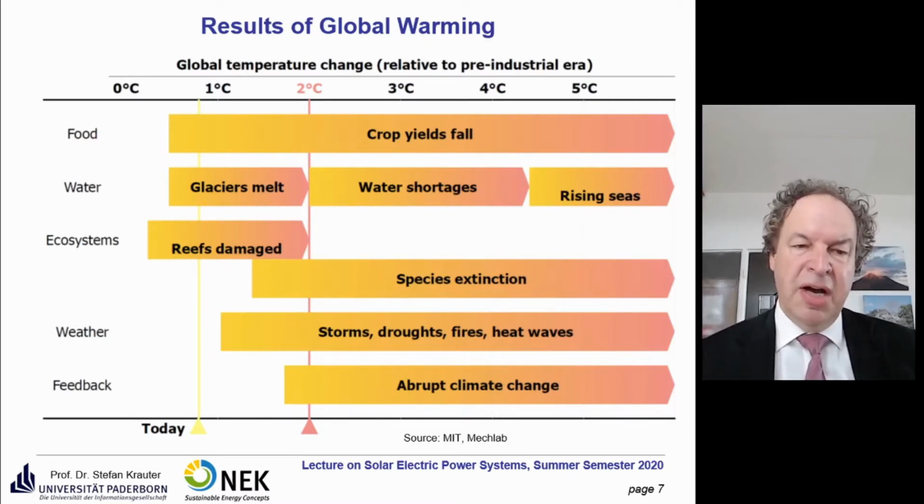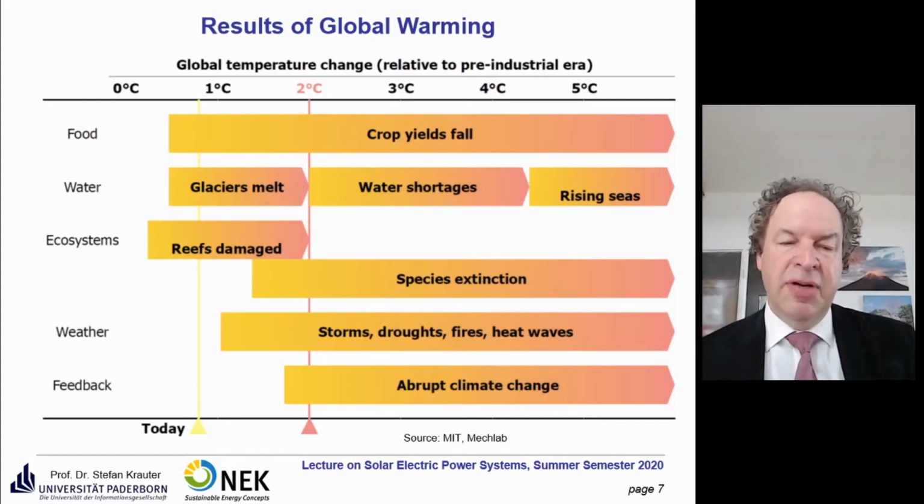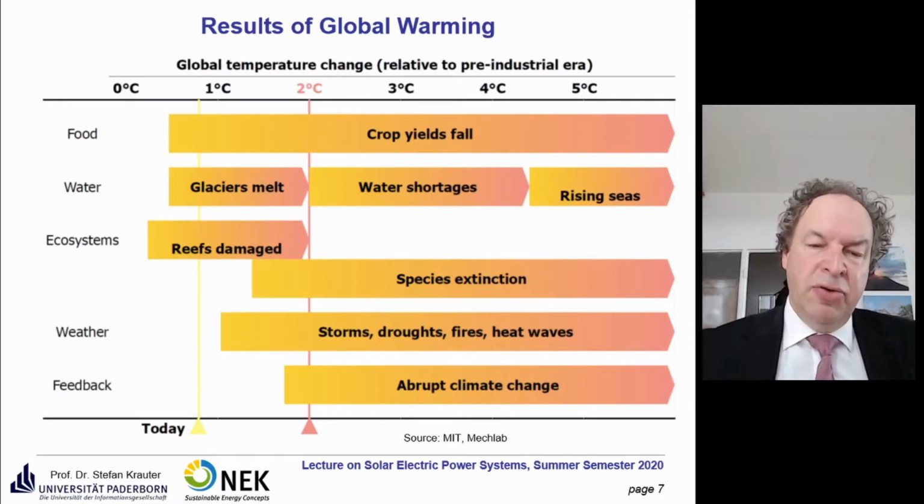What we also see now is reef damage. Here, the Great Barrier Reef in Australia got totally bleached. We already see also species extinctions. We see more frequent or more severe storms, droughts, fires and heat waves. And it can even happen, if you go to the very last part, that there will be a feedback loop, and we will have an abrupt climate change.